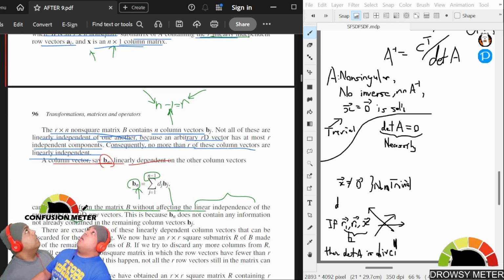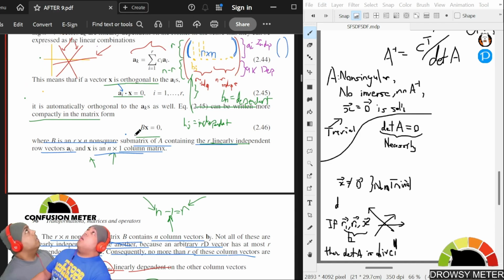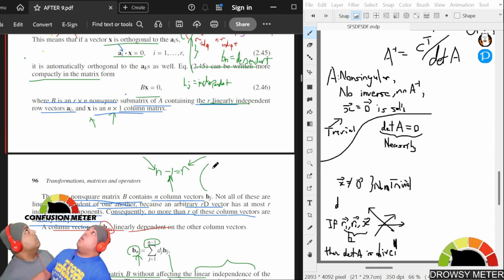Wait, why are we going n minus 1? Should it not be n minus r? Okay, B is r times n, rows times columns.